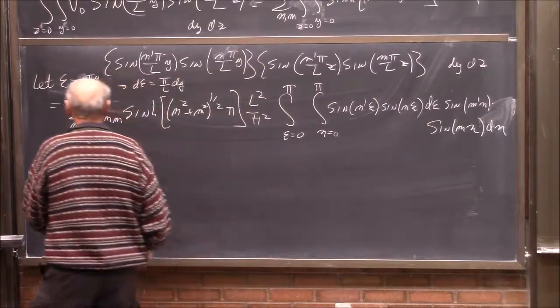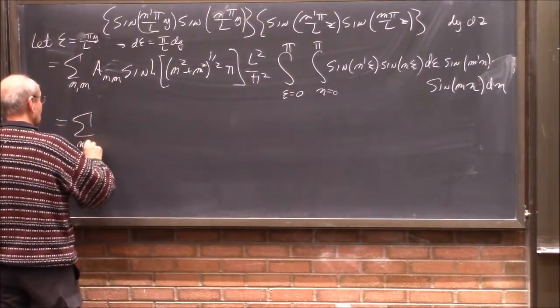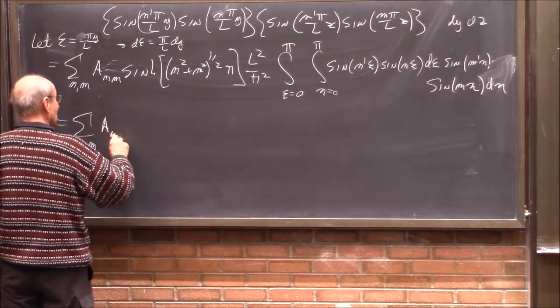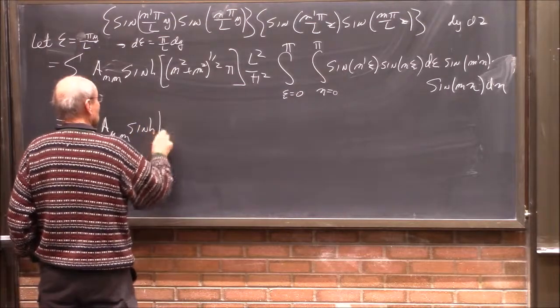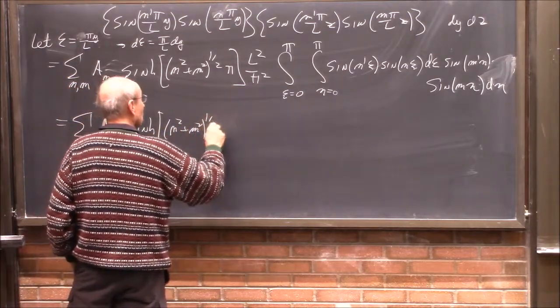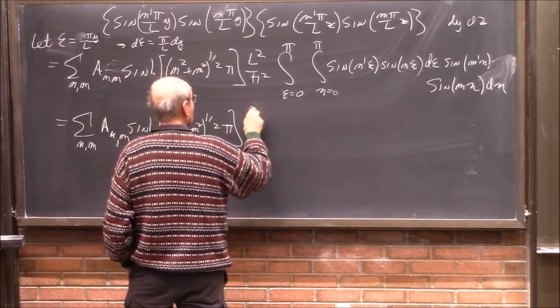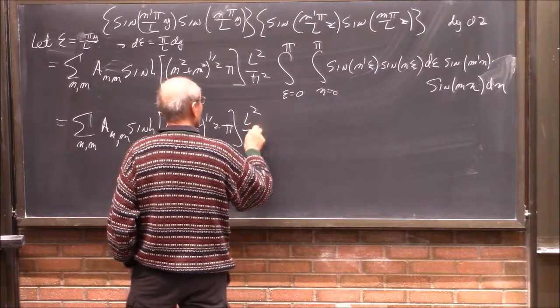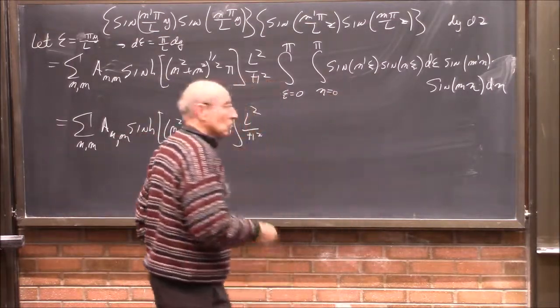And so performing this will give me the sum of a n m sinh of (n squared plus m squared) to the 1/2 pi, L squared over pi squared. But each of these integrals is going to give me a pi over 2.